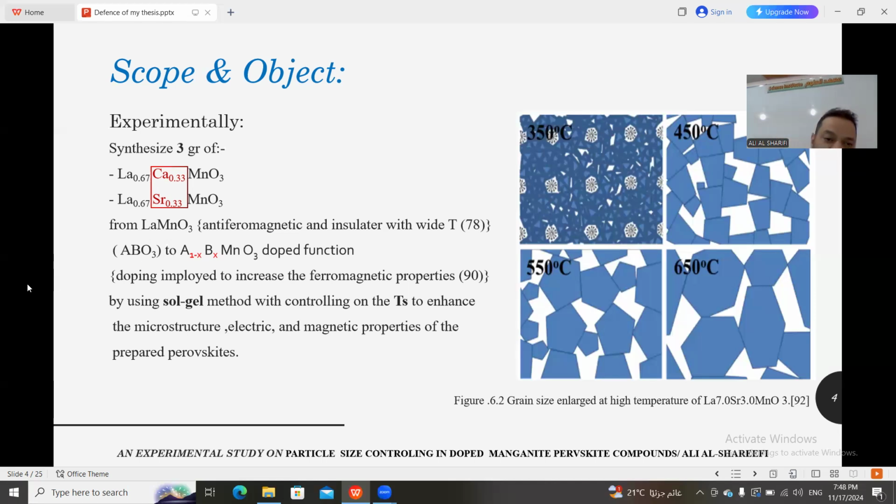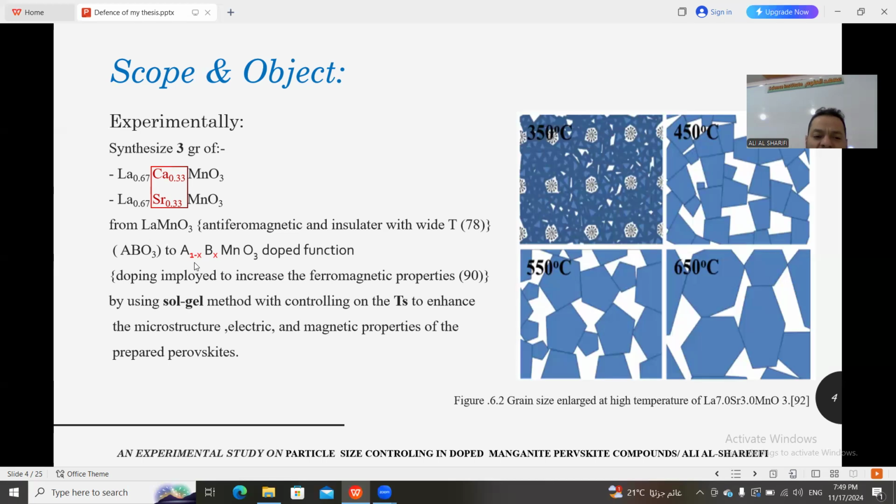Like written in source 78, lanthanum manganese oxide is antiferromagnetic and insulating at white temperature. By doping it, I try to increase the electric and magnetic properties of this structure. That means I try to make it ferromagnetic and a conductor, somehow.